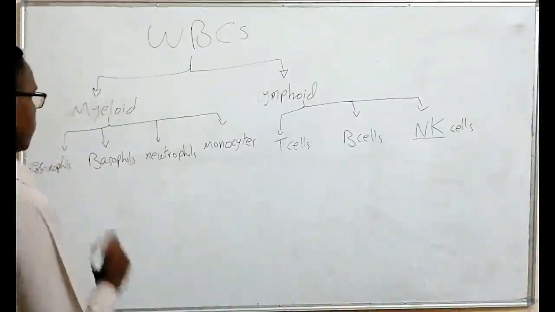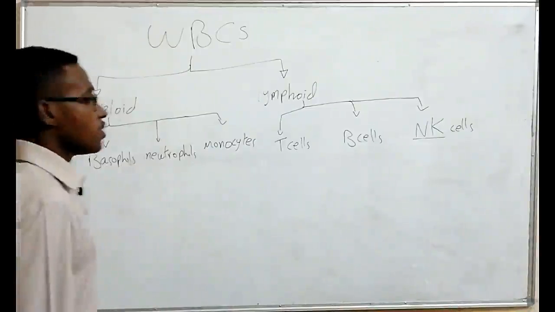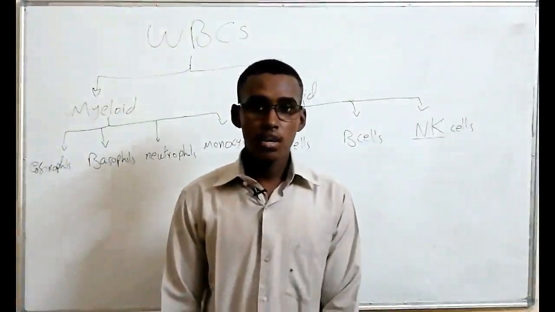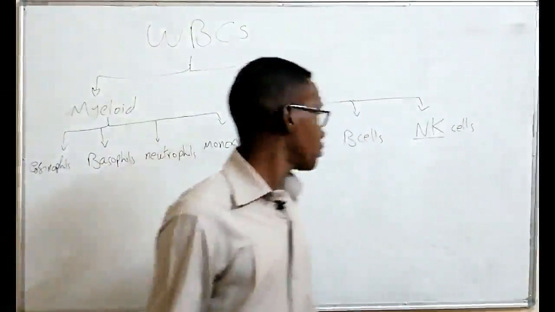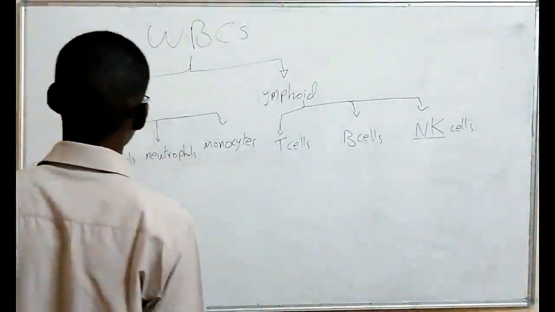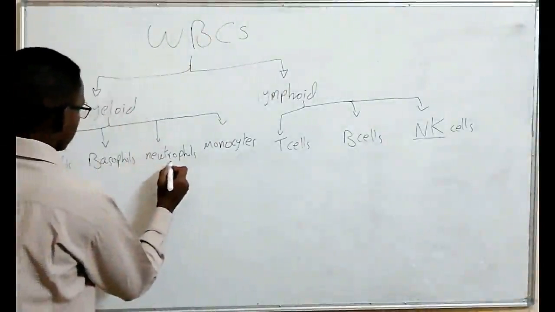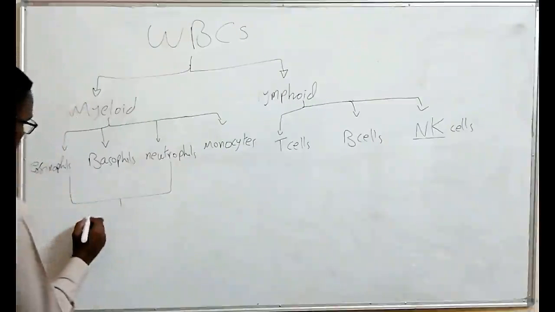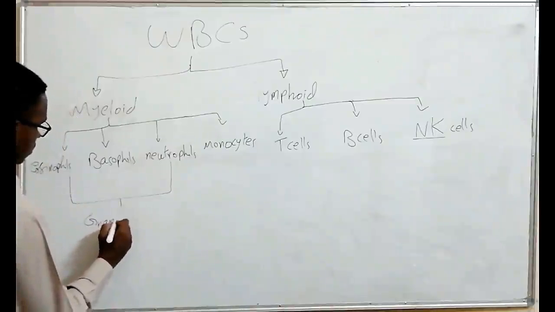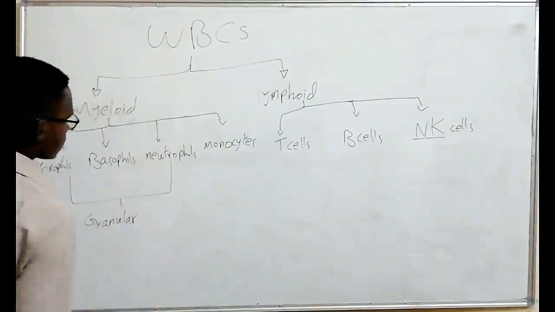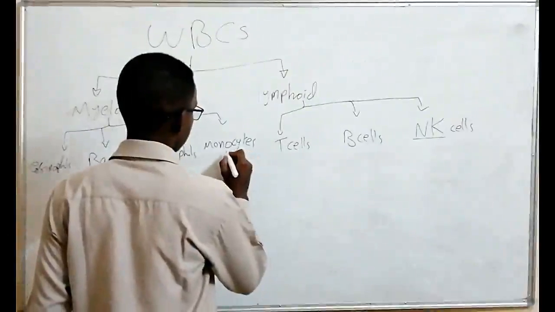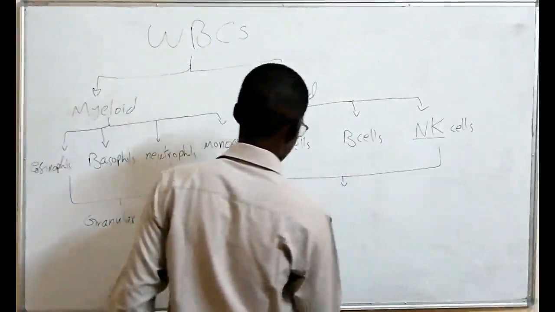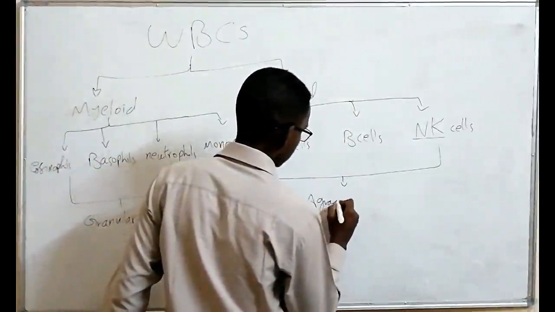Well, there is another type of classification which is based on the presence of granules within the cytoplasm of the white blood cells. According to this principle, they are divided into granular and agranular. So we have right here, these three cells are said to be granular white blood cells. On the other hand, the rest of the cells are considered to be agranular.